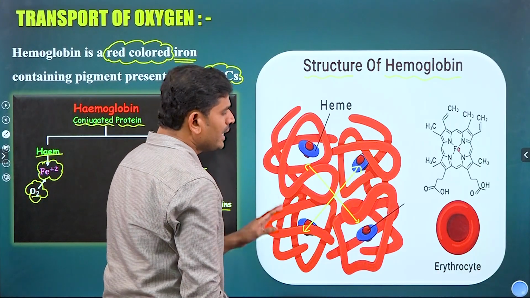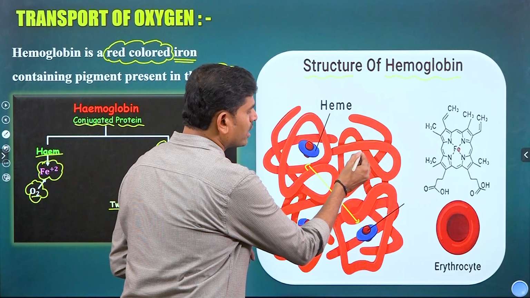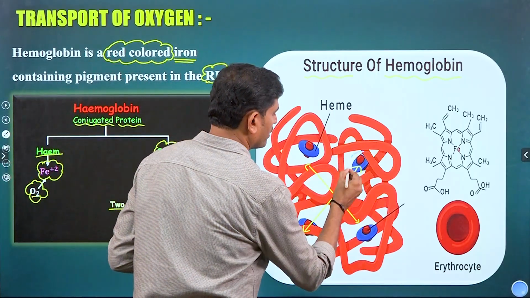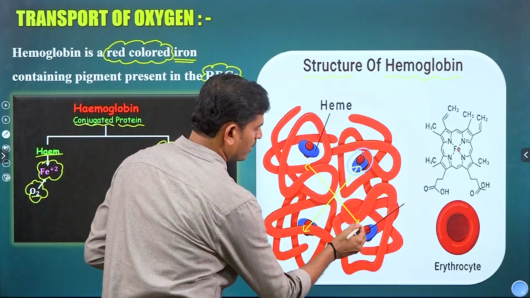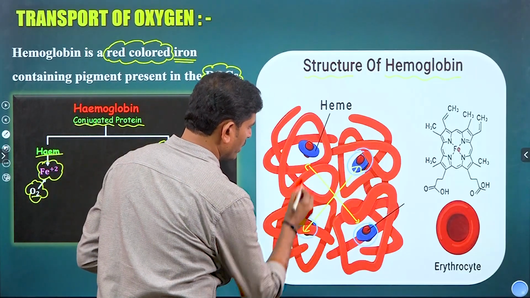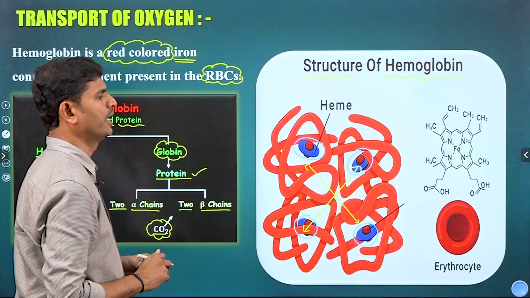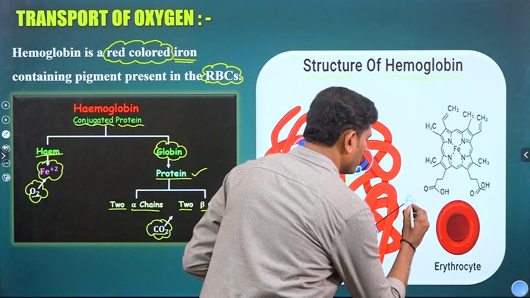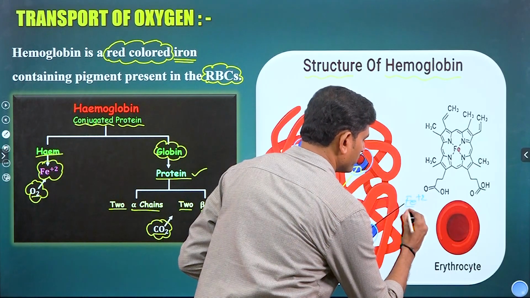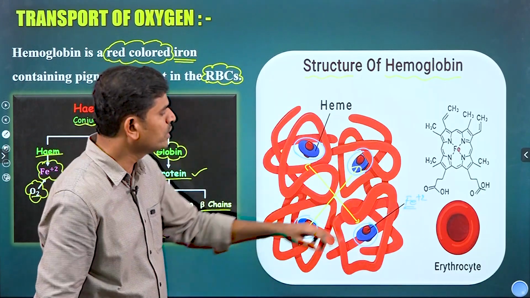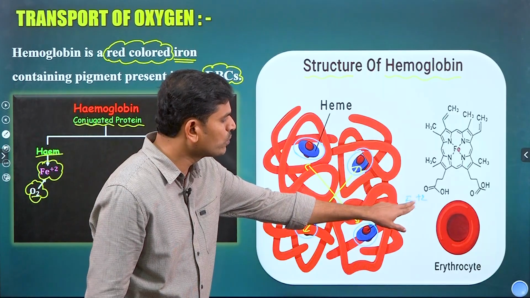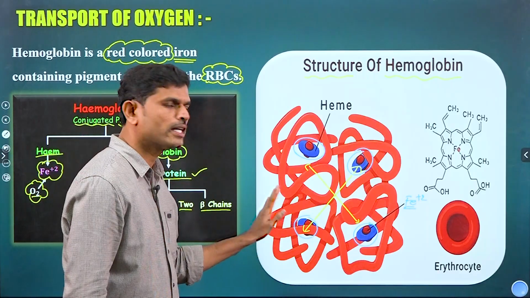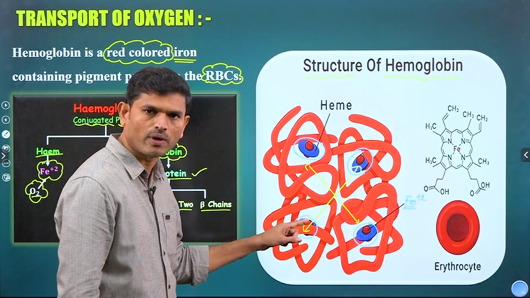Each chain contains at its center a red pigment, which is iron: iron 1, 2, 3 and 4 of the heme particles. This is iron in the Fe2+ condition. Oxygen forms a bond with this iron, and carbon dioxide forms a bond with the polypeptide chains.